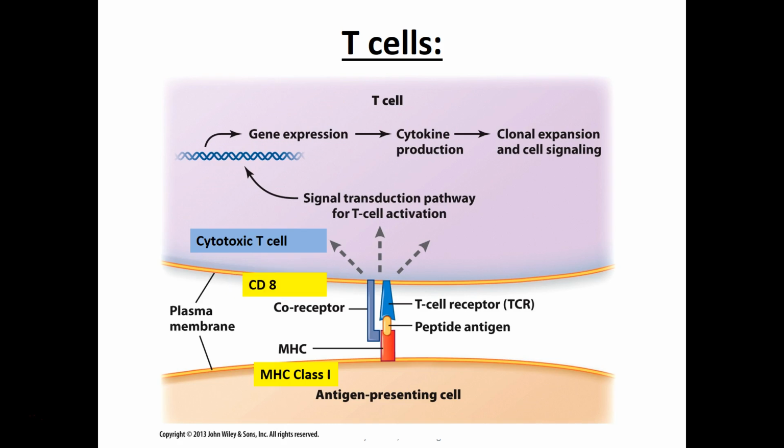So MHC class 1, right? The very first one found on all nucleated cells. This is our first line of defense, right? If something bad gets in, virus, bacterial, if we can present, we have an activated T cell, right? Then it's going to kill that cell.